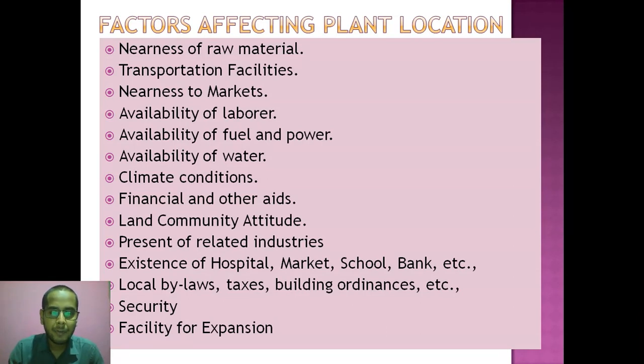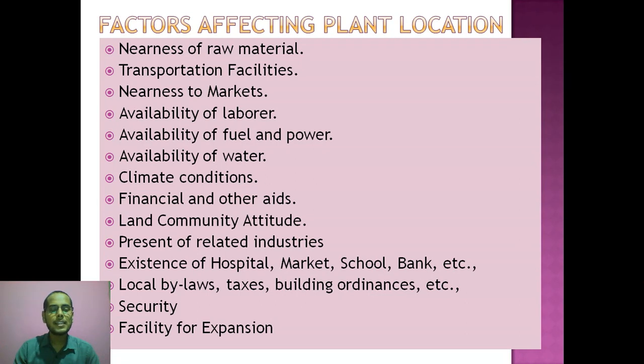The next is financial and other aids. Next is land community attitude. Next is presence of related industries. Next is existence of hospital, market, school, banks, etc. Next is local bylaws, taxes, building ordinances, etc. Next is security.